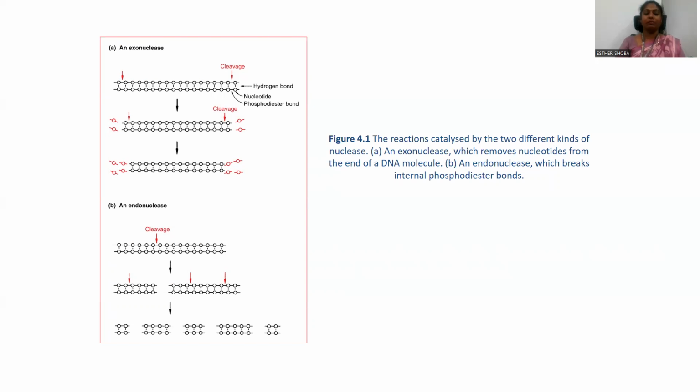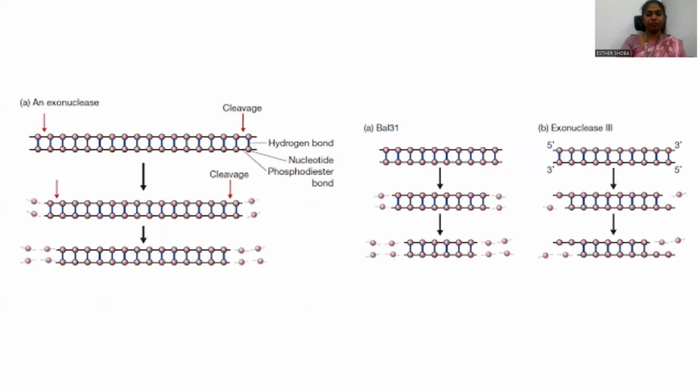When we add endonuclease enzyme to a double-stranded DNA molecule, it cleaves the DNA by acting on the internal phosphodiester bonds, and thereby gives us many broken strands of the DNA molecule, depending upon the time and the action of the enzyme on the DNA molecule.